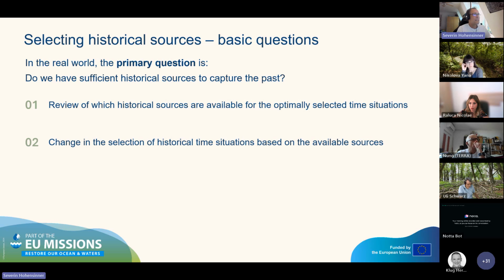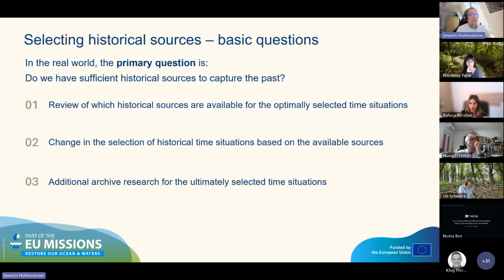Then we see there are some lacks in historical data. We unfortunately may have to change the selection of the historical time situations based on the available sources. And then additional archive research is necessary for the ultimately selected time situations to find potential additional archive material, maps, and plans.